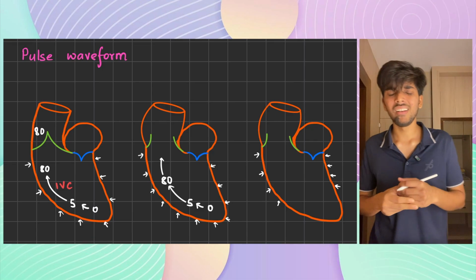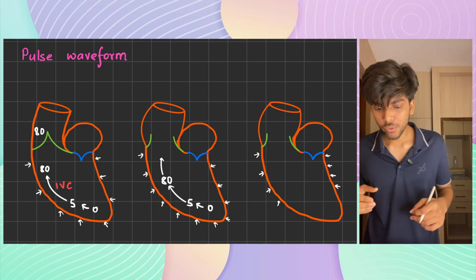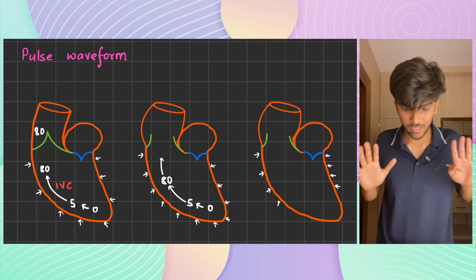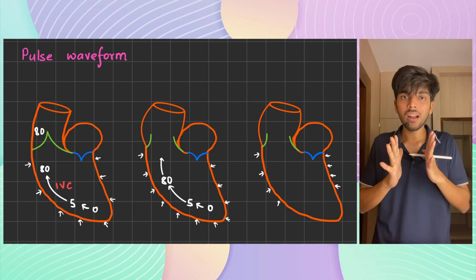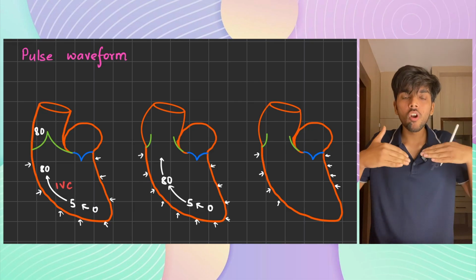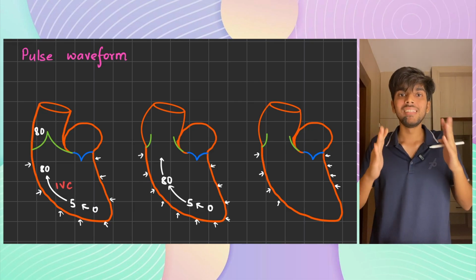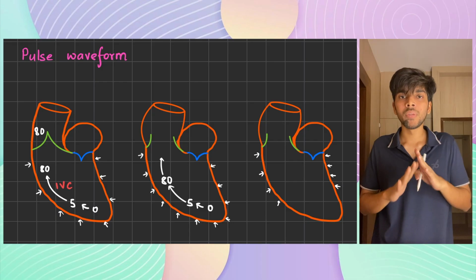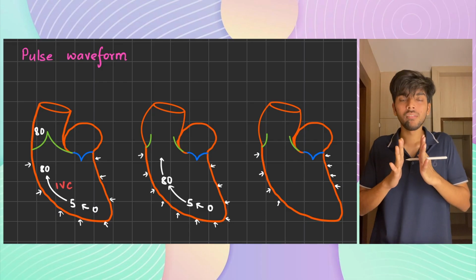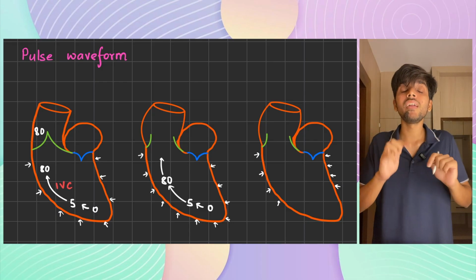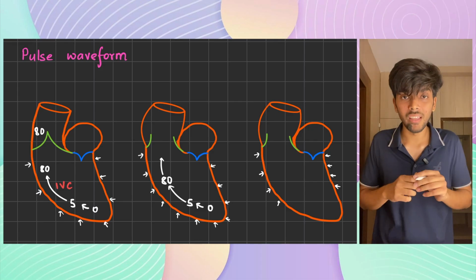Okay, let's not use our brain that much. So the ventricle starts to contract. The contraction is not strong enough to open the aortic valve. This is isovolumetric contraction. The contraction keeps on increasing and the pressure inside the left ventricle becomes greater than the pressure inside the aorta.